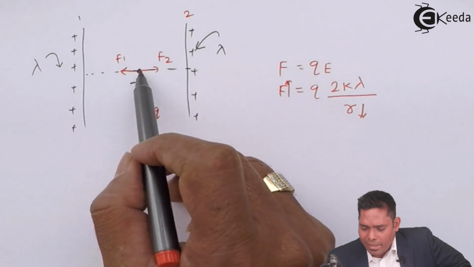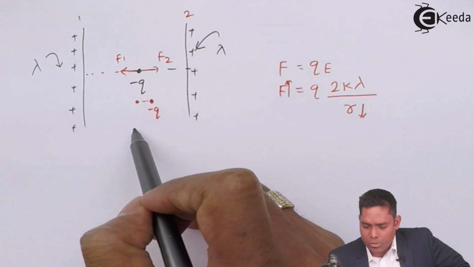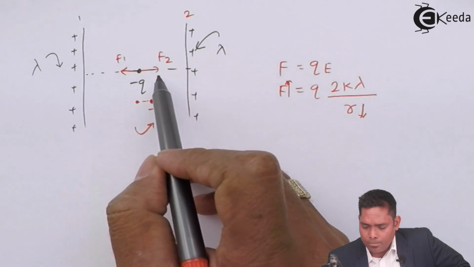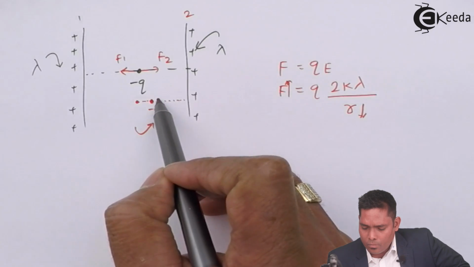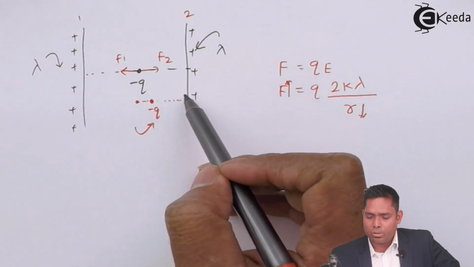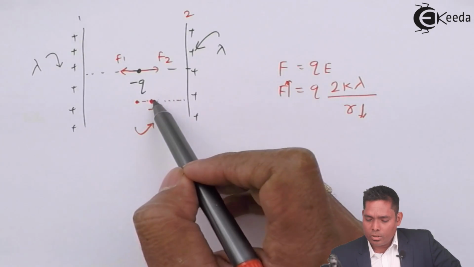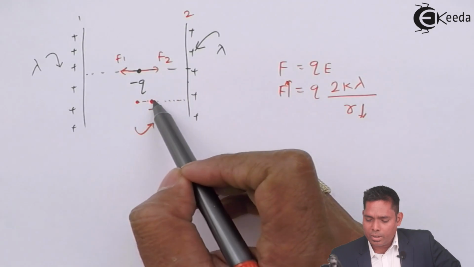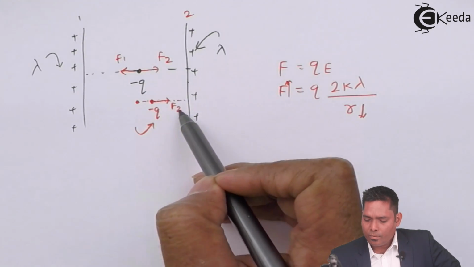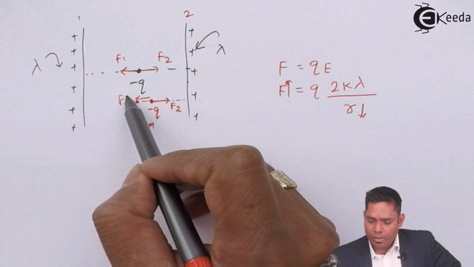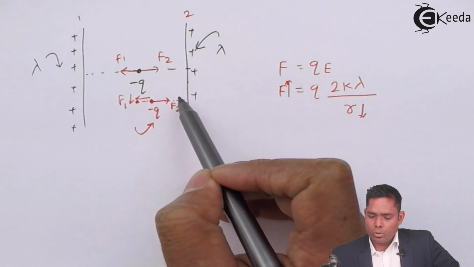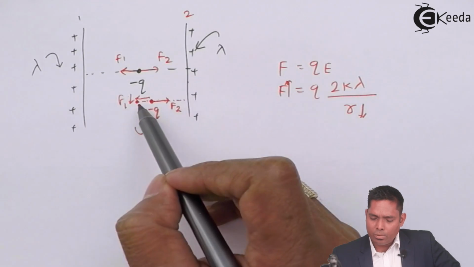If I displace it towards right, this distance will decrease, so the force will increase. So the attractive force F2 will increase, and F1 will decrease.